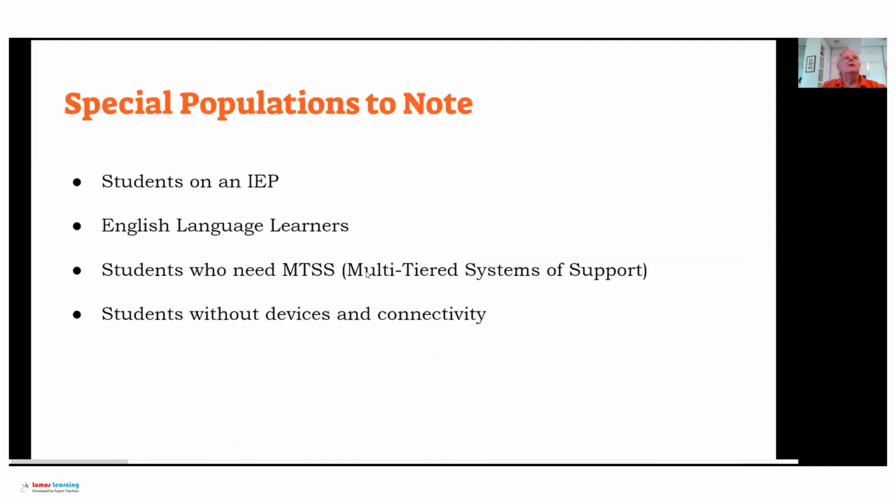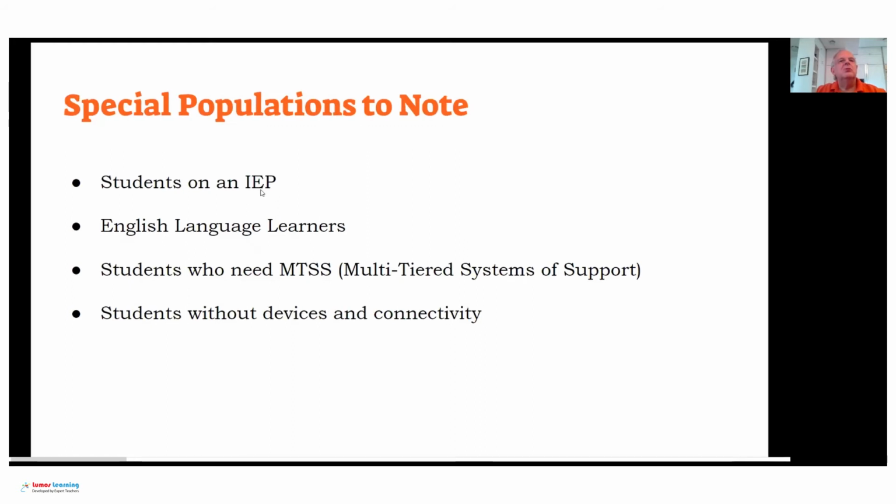All right, special populations we should note: students who are on IEPs need special attention. This also plays havoc with your budget and planning, but they need to be taken care of. English language learners, also special needs. Students who need multi-tiered systems of support, and students without devices and connectivity.